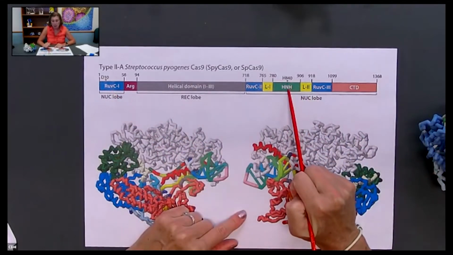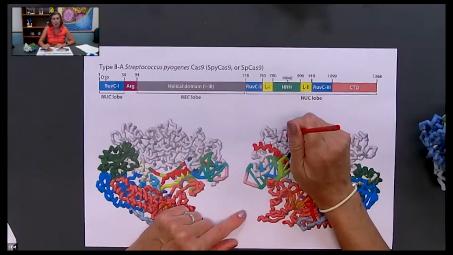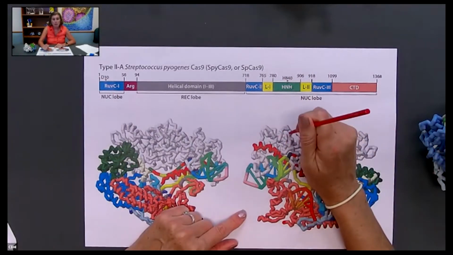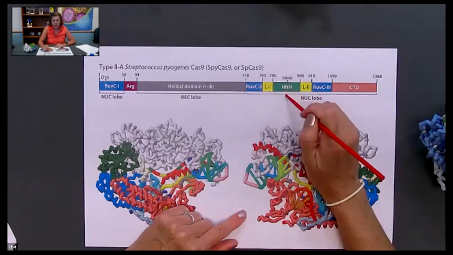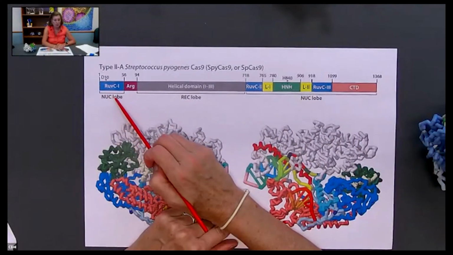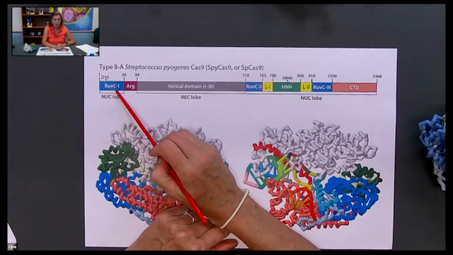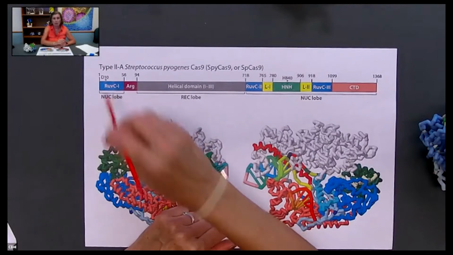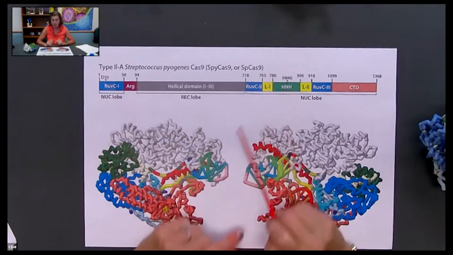And that's because they are right in the middle of the active site, the catalytic site. And in fact, they are critical in coordinating. What do you think they may coordinate? They coordinate magnesium. And that is critical to their catalytic activity. So now you know why the magnesium is important, right?